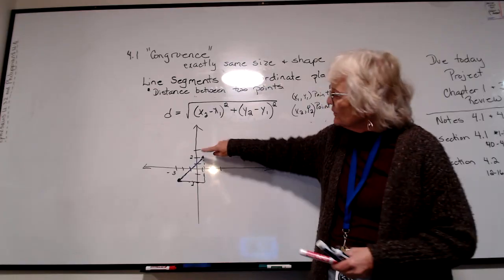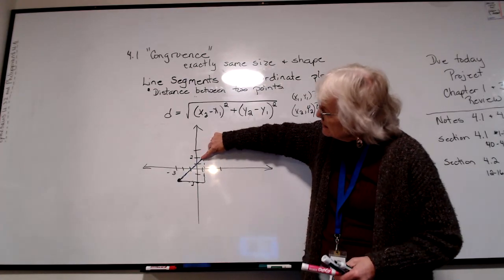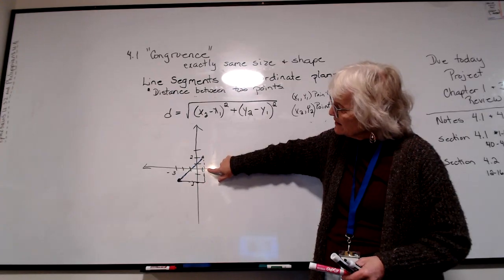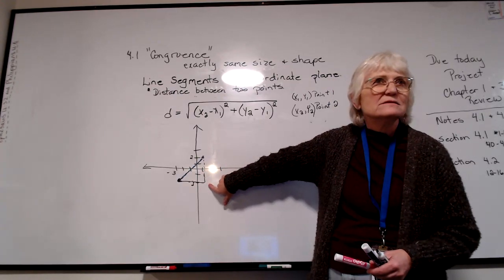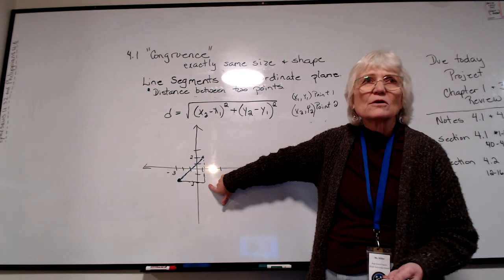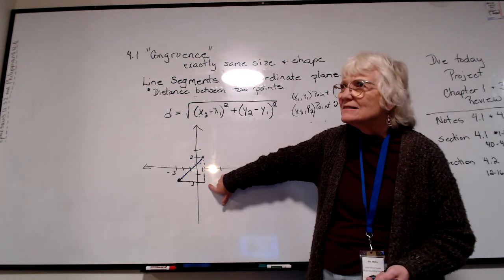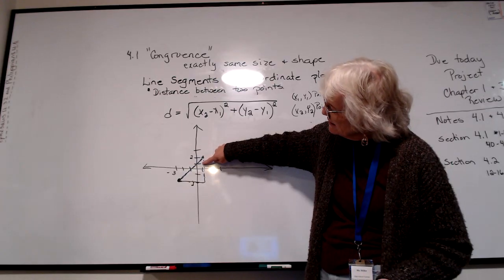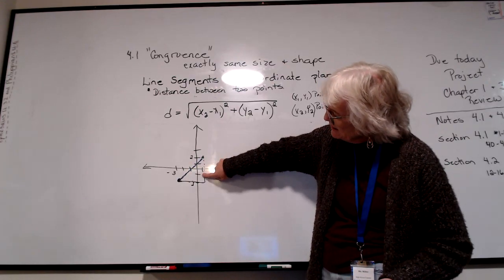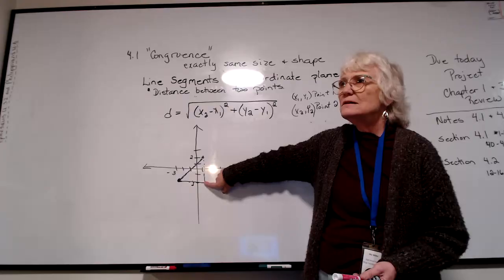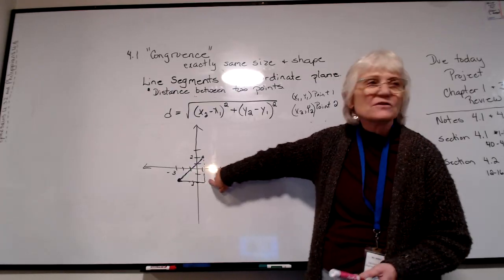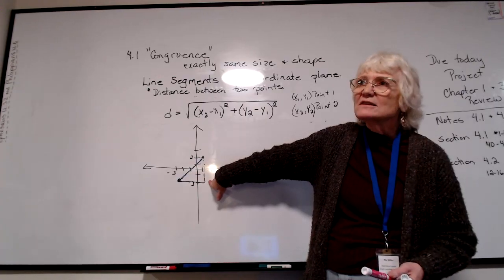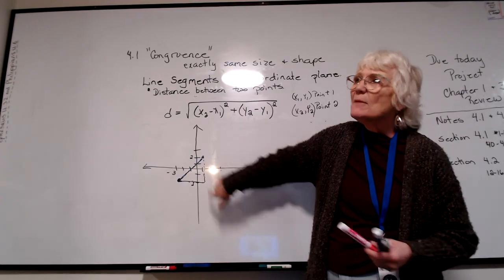Okay, so if I go from 2 down to -2, what is the length of this side? 4. It's 4. Can you see that there? 1, 2, 3, 4. I went from 2 down to -2, that's 4. If you subtracted them, let's see what happens.